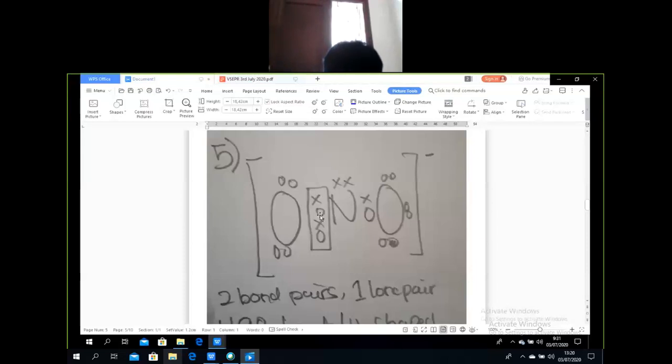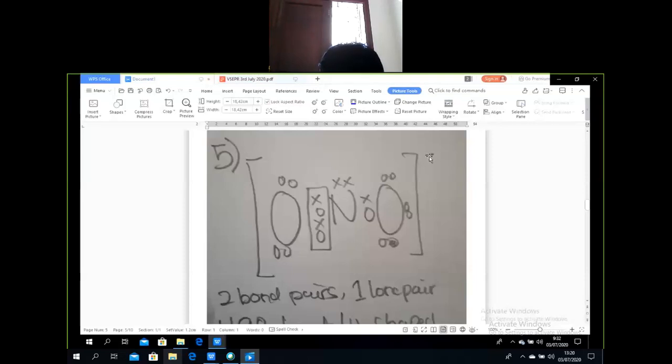A double bond can be considered as a single bond because there is an overlapping of s orbital and p orbital of the same 2 atoms. And then there is an N here, and there is a lone pair and a bond pair with the oxygen, and there is an external electron in the oxygen that makes the ion become negative.